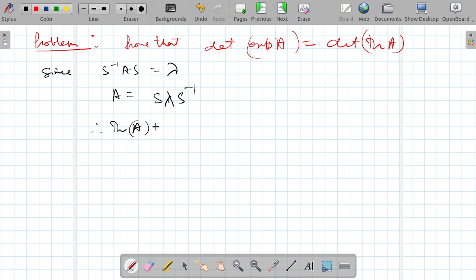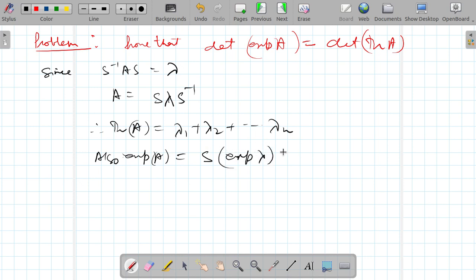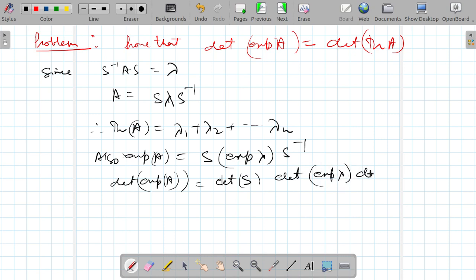Therefore, trace of A can be written as lambda 1 plus lambda 2 and so on plus lambda n. Also, we know that exponential of A is equal to S exponential of lambda S inverse. Now taking the determinant on both sides, determinant of exponential of A can be written as determinant of S, determinant of exponential of lambda, and determinant of S inverse.